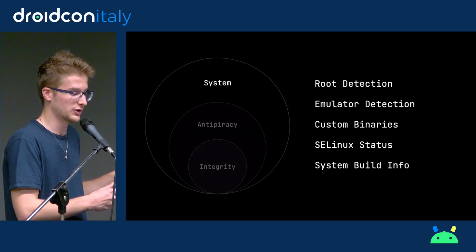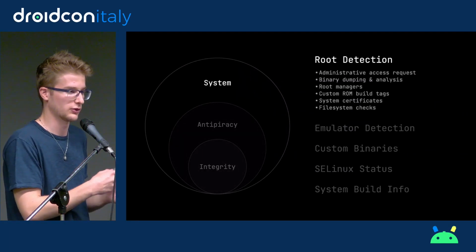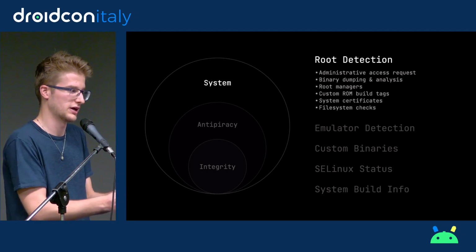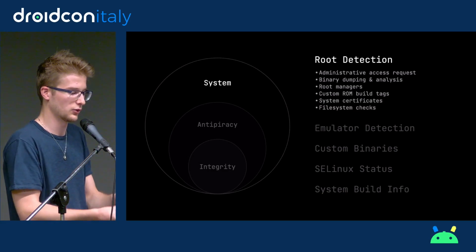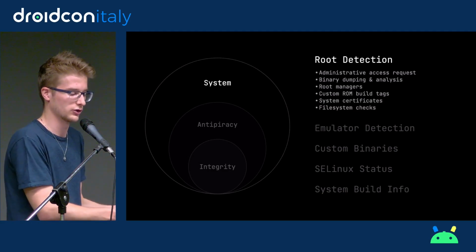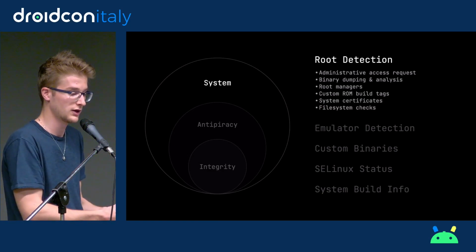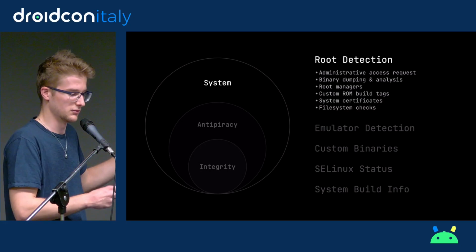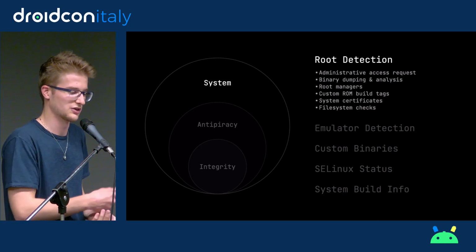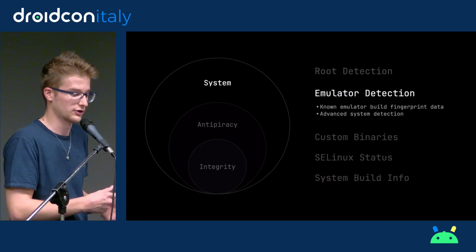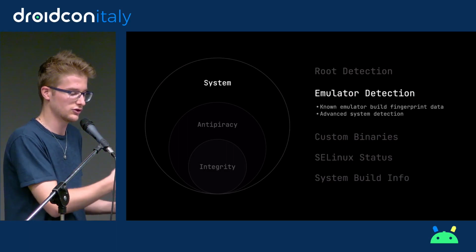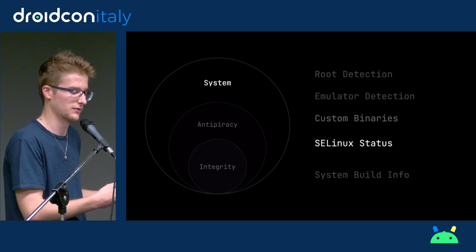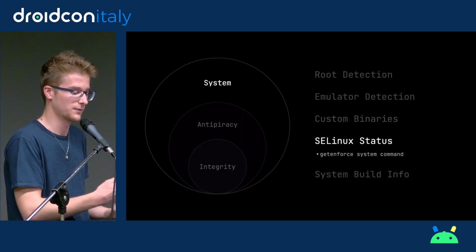On the system level, we can have root detection, because if we determine that root access is bad for our software, we can say we don't want our software to run on a device which has root access. You can detect root access in many ways, and those are some of them. Those are emulator detections, and all of these are just ways to detect those conditions on your device.